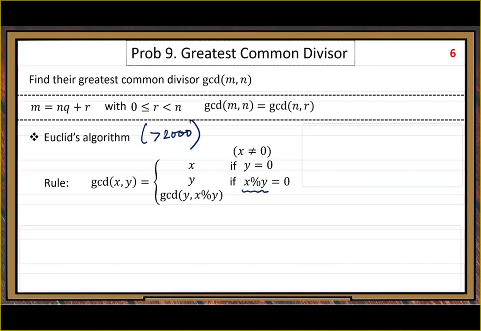Two simple cases. Then the last case, size reduction: if the remainder is not 0, then GCD of y comma remainder, because x mod y is the remainder. So you put the remainder there.